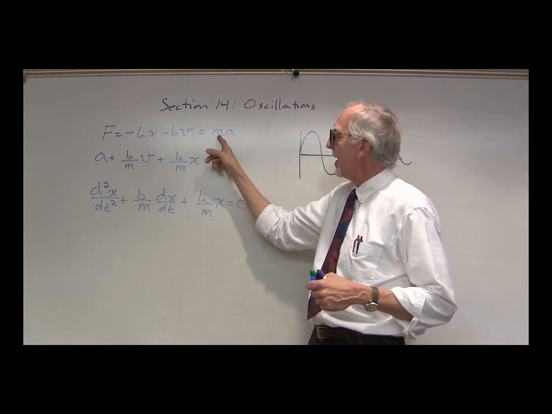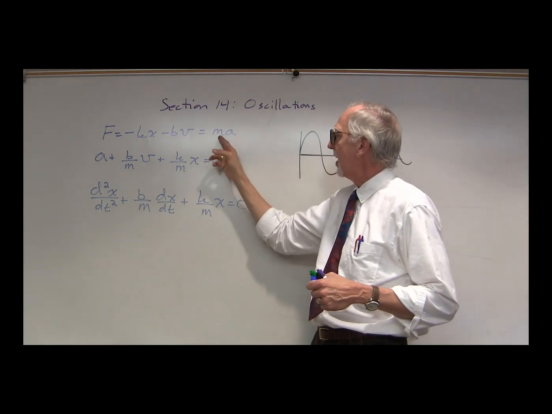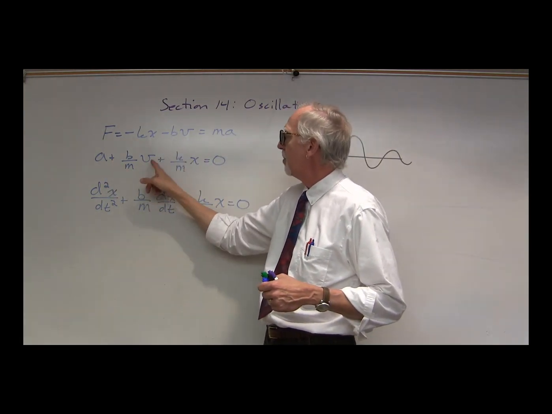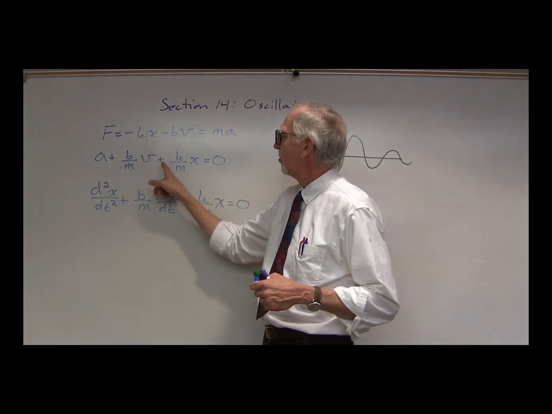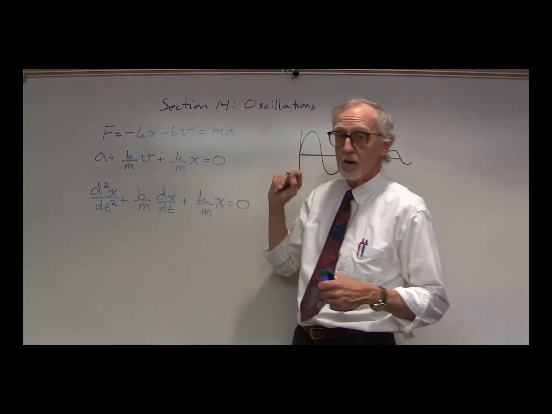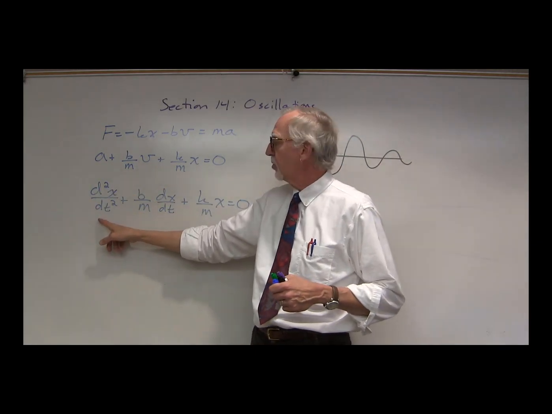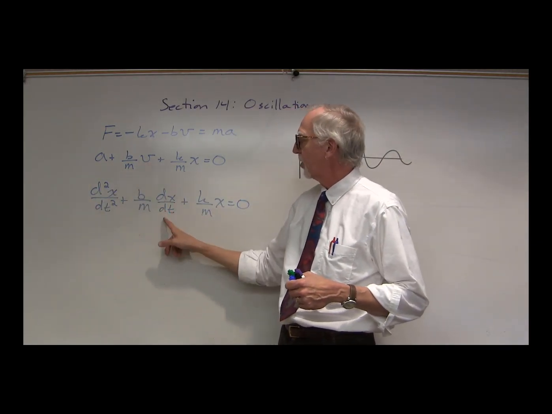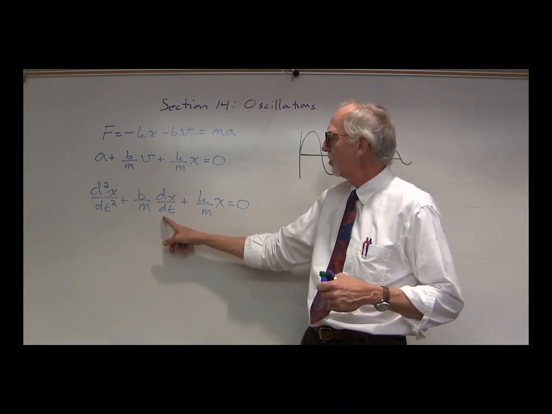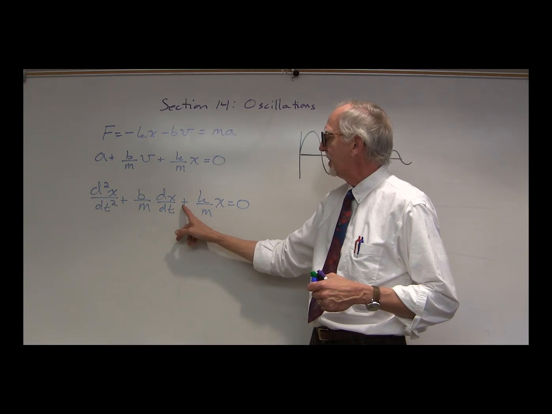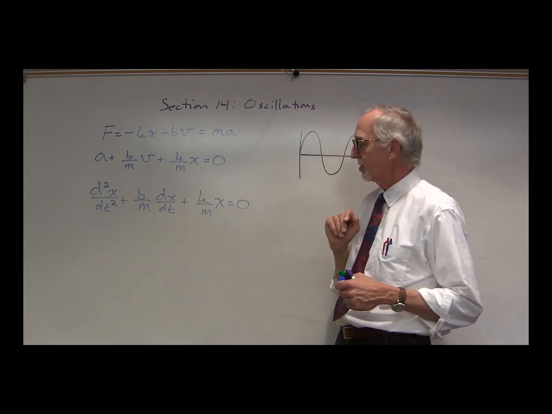So dividing everything by m and bringing these terms over on this side, we'll have a plus b over m v plus k over m x equals 0. Using the fact that a is the second derivative of position with respect to t, and v is the first derivative of position with respect to t, we have d squared x dt squared plus b over m dx dt plus k over m x equals 0.